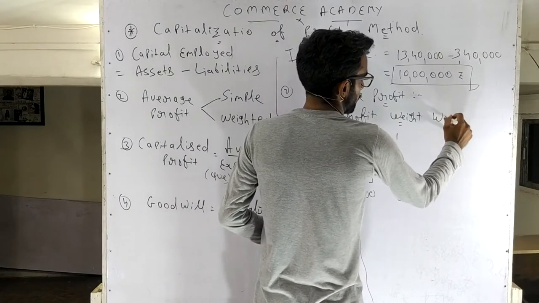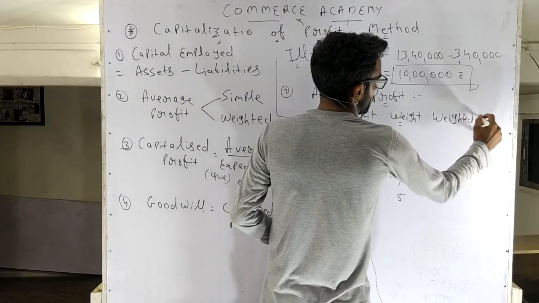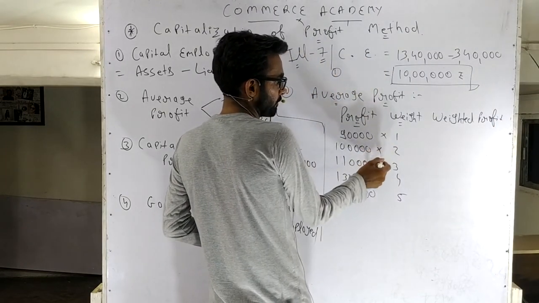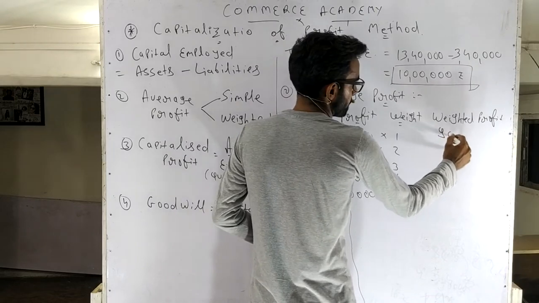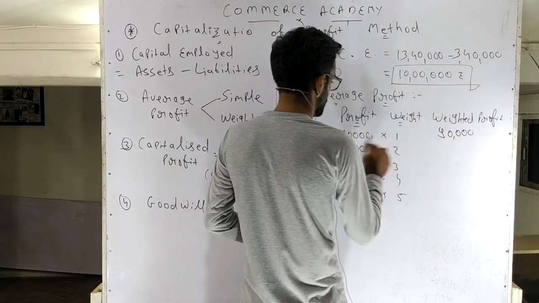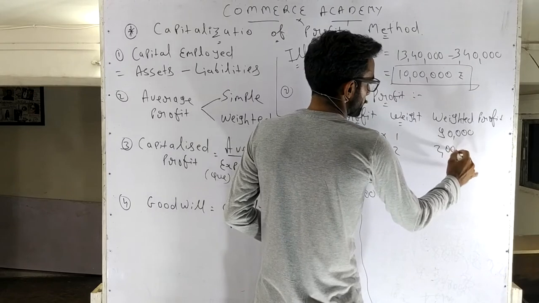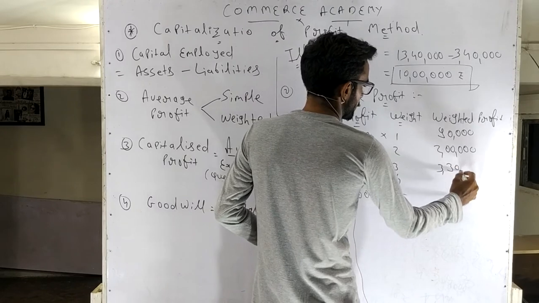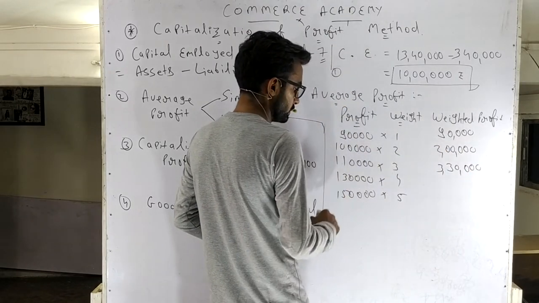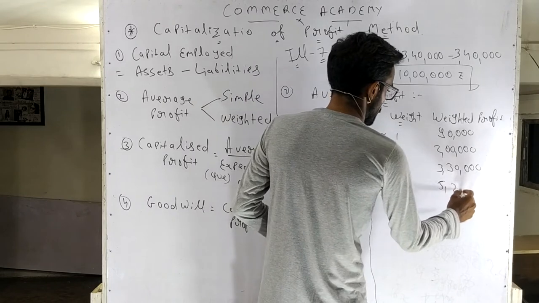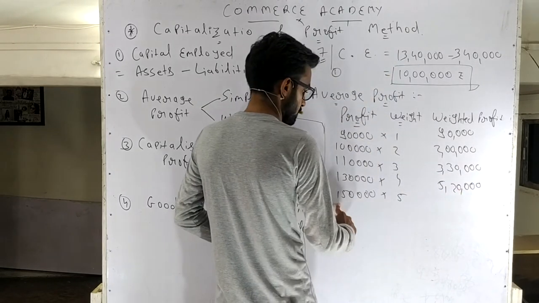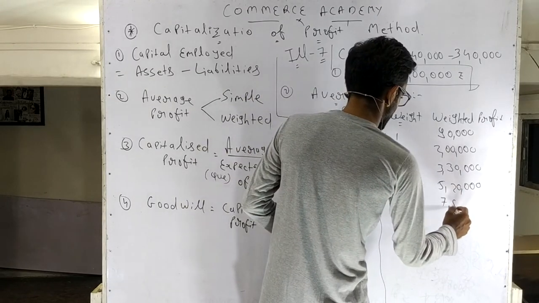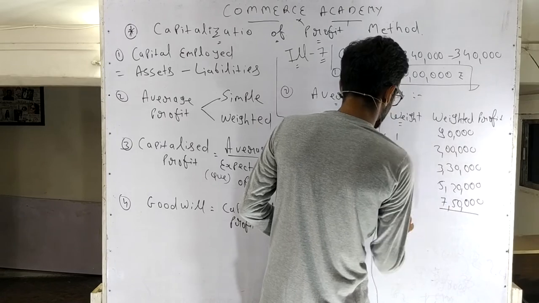Now weighted profit. How will we get the weighted profit? By multiplying the profit and weights. 90,000; 1 lakh into 2 is 2 lakh; 110 into 3 is 3 lakh 30,000; 130 into 4 is 5 lakh 20,000; 1 lakh 50,000 into 5 is 7 lakh 50,000.